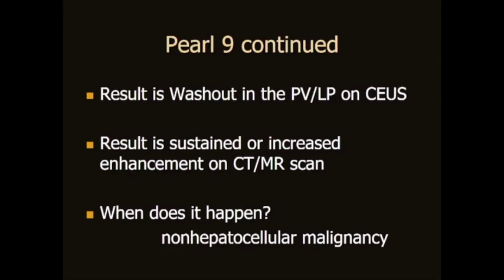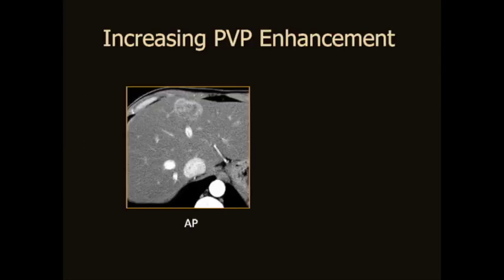So the result is that washout is correctly shown in the portal venous and late phase on CEUS for a malignant lesion, whereas CT and MR scan can show sustained or even increasing enhancement in the portal venous and late phase. And when does this happen? Well, especially in non-hepatocellular malignancy, and in our at-risk population, we're always suspicious for cholangiocarcinoma.